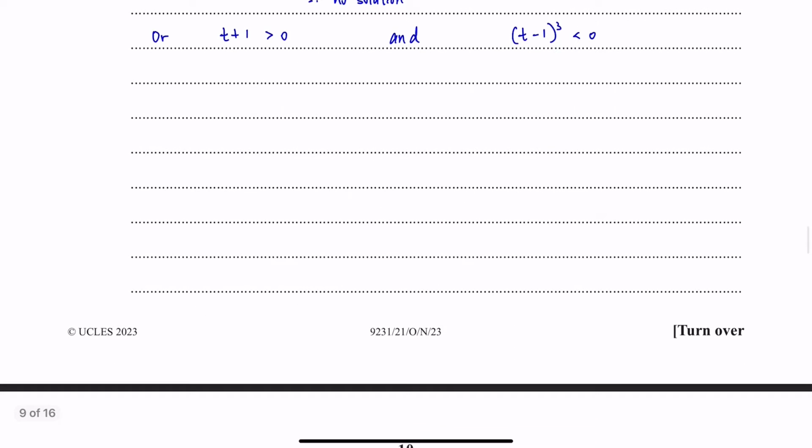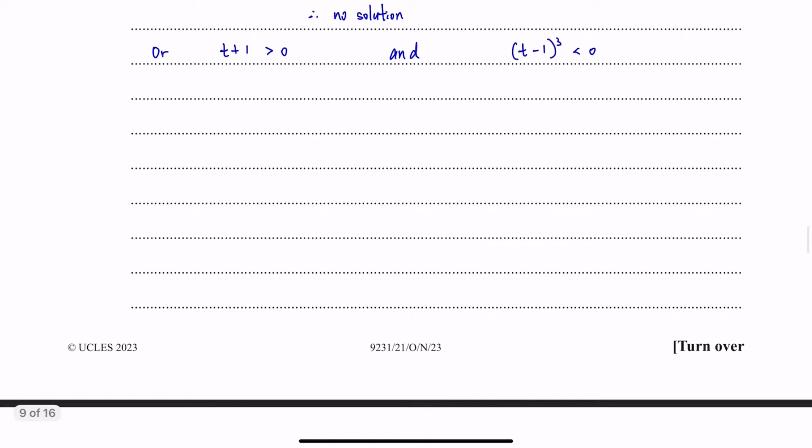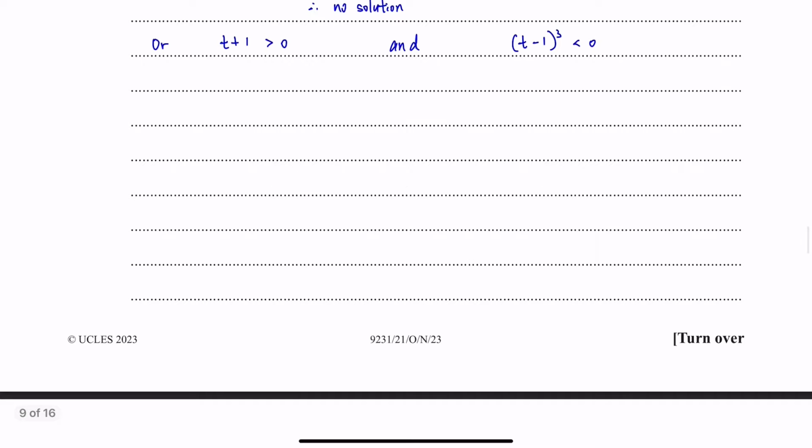So we go to the next part. For t plus 1 more than 0, we get t more than negative 1. And for t minus 1 cubed less than 0, we get t less than 1. And we draw the number line again. This is minus 1 and this is 1. T more than negative 1 is here.